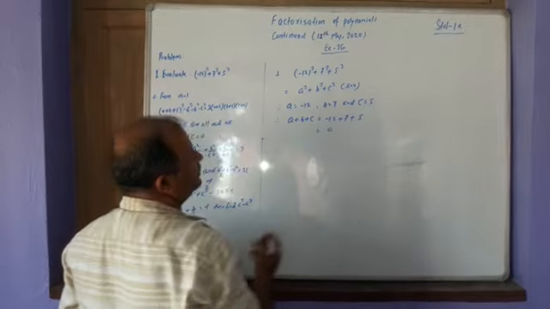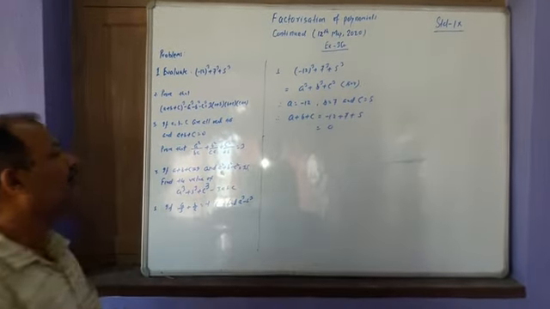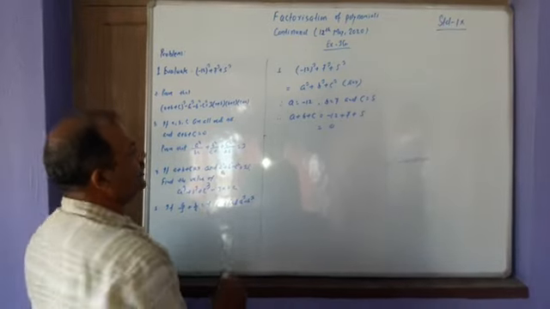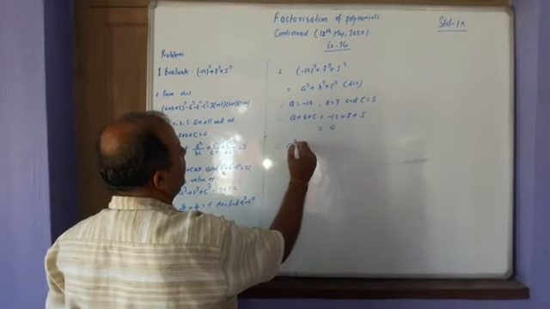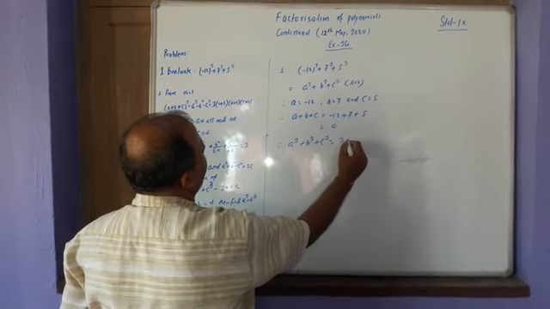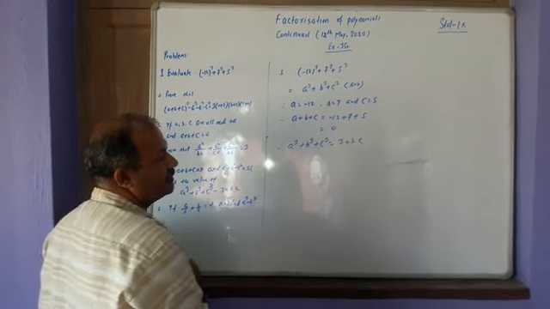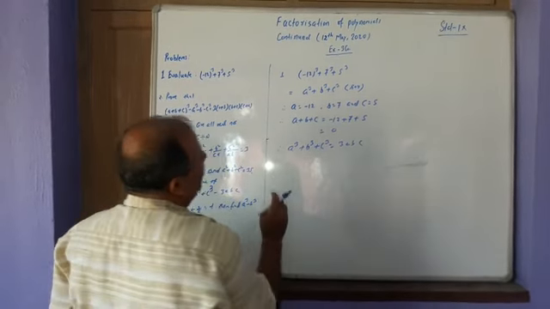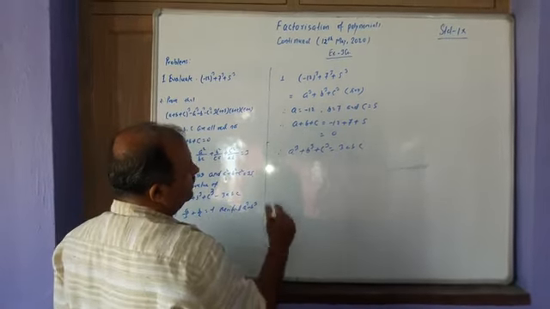This will give 0. And we know that if a plus b plus c is equal to 0, then a cube plus b cube plus c cube is equal to 3abc. Now we have to substitute the values of a, b, c.